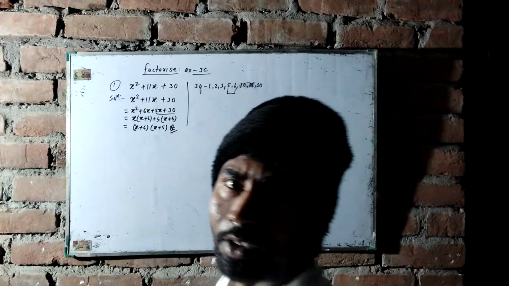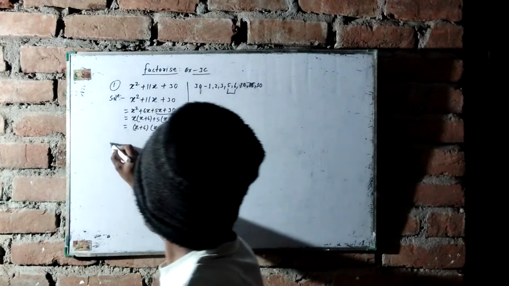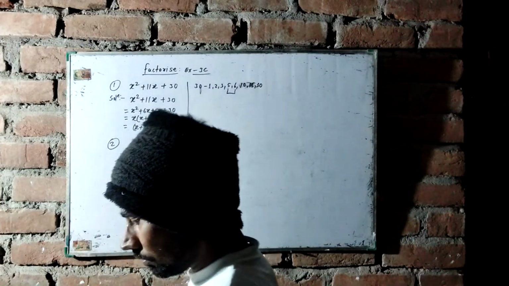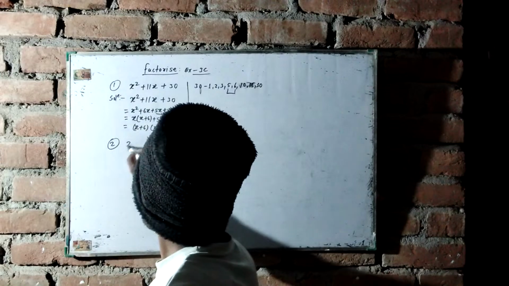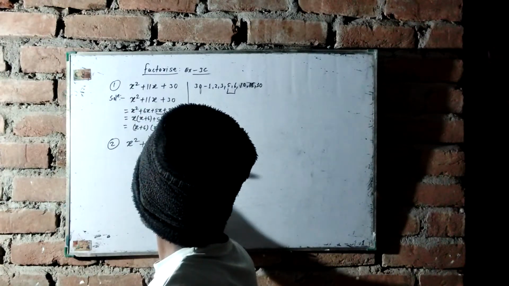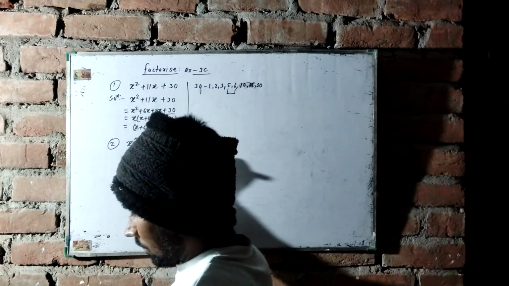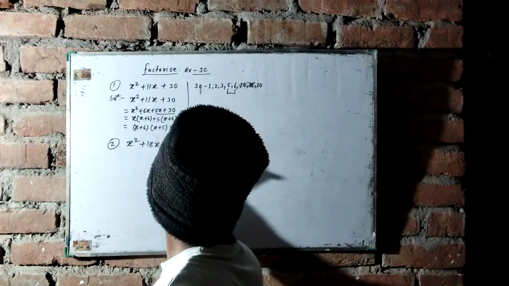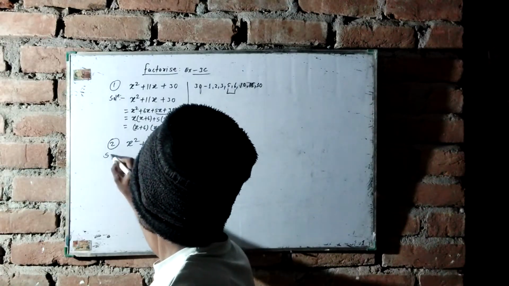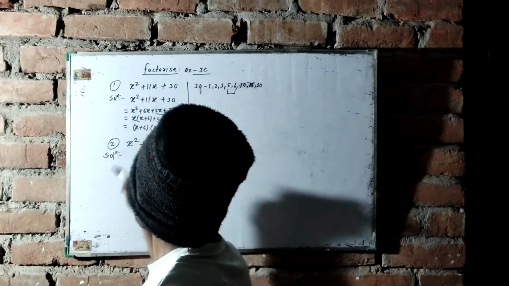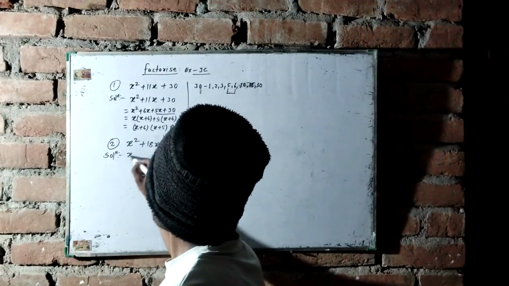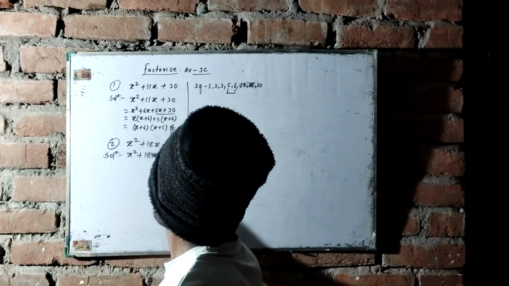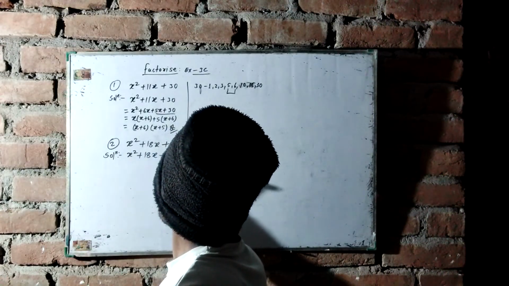Have a look. Next question. Question number second. x square plus 18x plus 32. Have a look, solution of this. x square plus 18x plus 32.